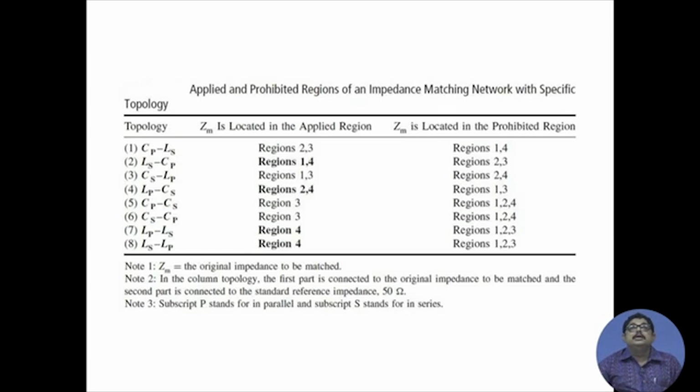The second column says that if you are in those regions and you choose the topology in the first column, then you will be able to come out. But the third column says that if you are in those regions and you choose the corresponding topology, you will not be able to come out. Those are called prohibited regions. So, if you are in prohibited regions, by that topology you cannot come out.